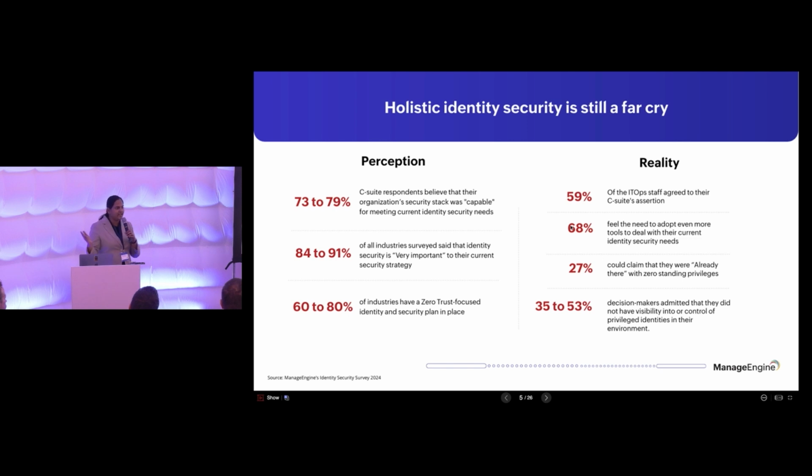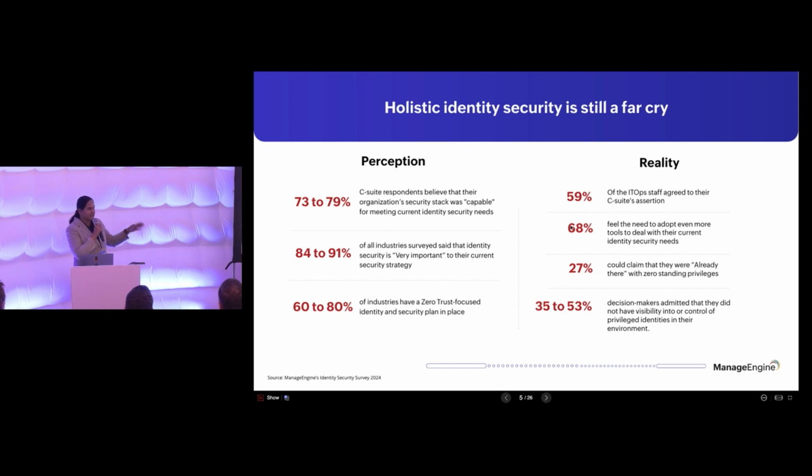So the stark reality here is, while the C-suite believe that they have all the security, strategy and tools in place, the actual practitioners believe that they don't have enough in place, right? When it comes to zero trust security, over 80% of the C-suite believes that they have a zero trust strategy in motion in their organization, right?